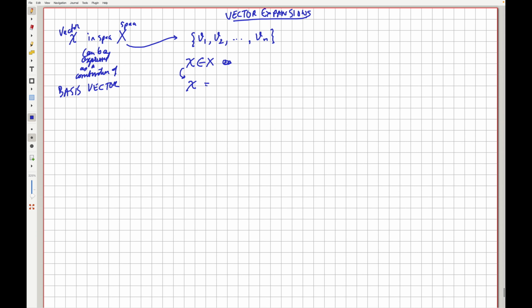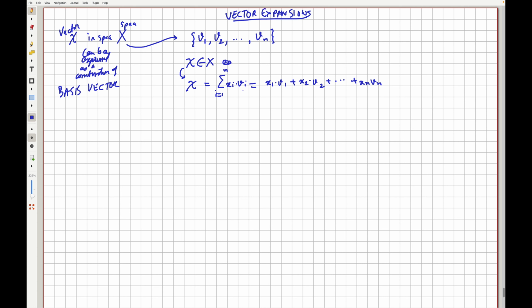So we can say this is equal to the sum from i equals 1 to n of x_i v_i, and if we expand that we get x1 v1 plus x2 v2 plus all the way up to xn vn.